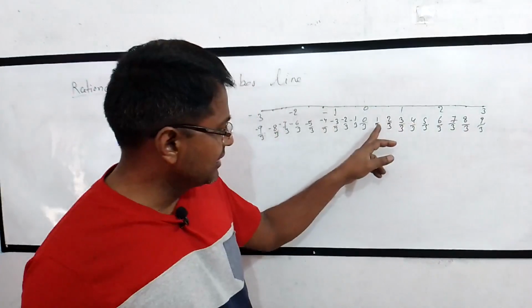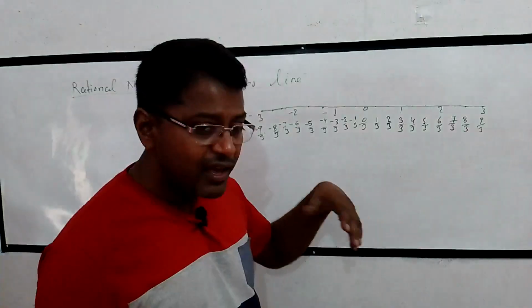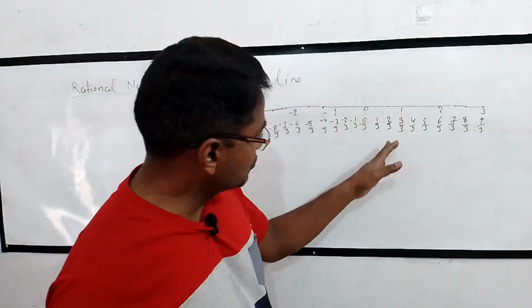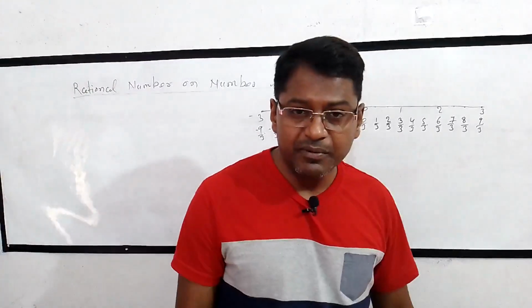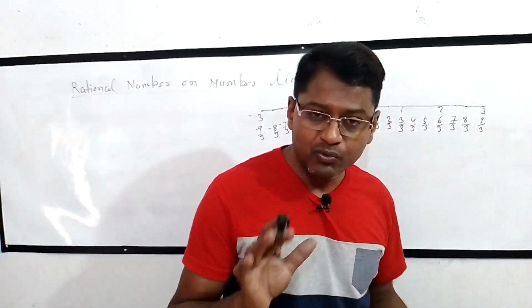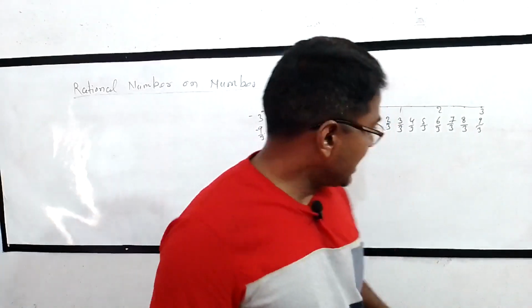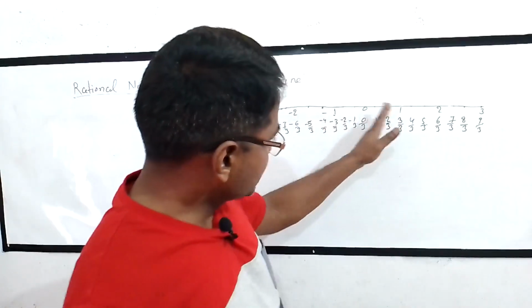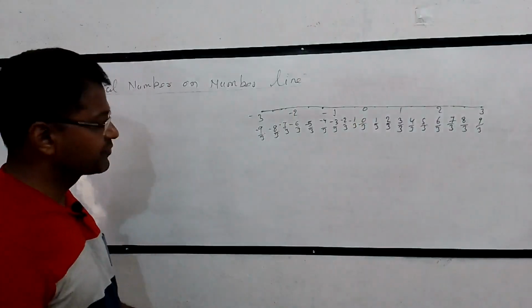If I divide it into 5 sections, I will put 5 as the denominator. If I divide it into 7, then I will put 7. Whatever division you want between two integers, you put that denominator accordingly, and your division will be done there, and you put all the rational numbers on the number line. Okay, I hope you have understood this.